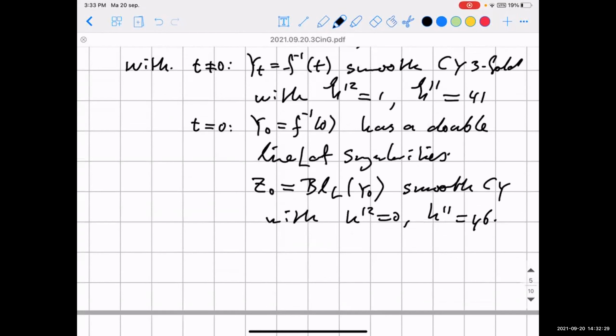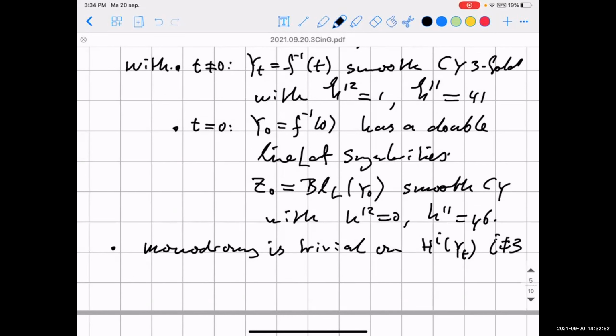And so this is it. And now the main point, what makes it trivial, is that the monodromy is trivial on H^i for i not 3, and of order 2, finite, so in particular it's finite order on H^3.